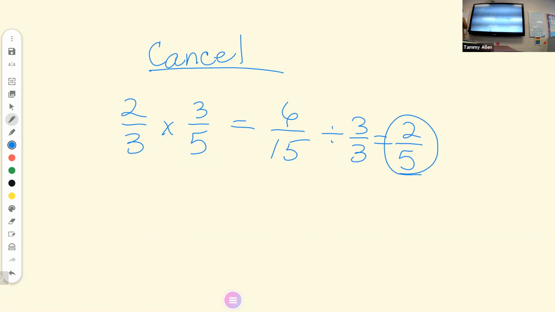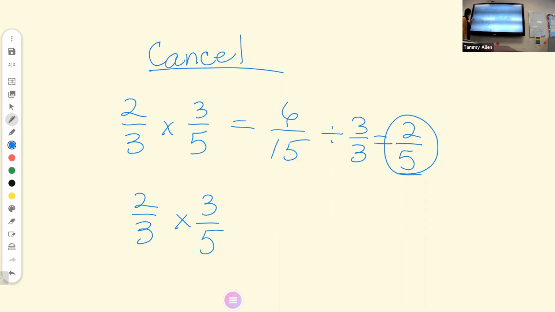If we cancel, then we're going to take this same problem, and we're going to look at the fact that over here, we had to divide a numerator and denominator by the same thing. We divided by 3 in the numerator and 3 in the denominator.